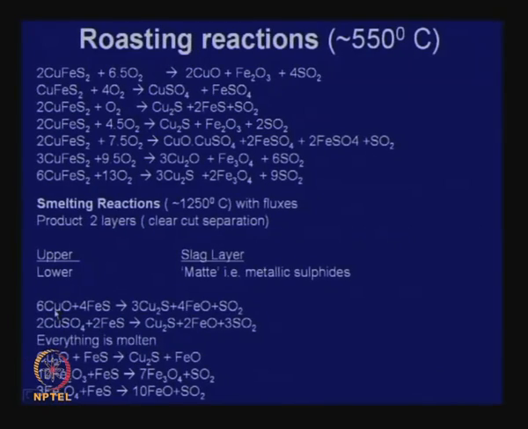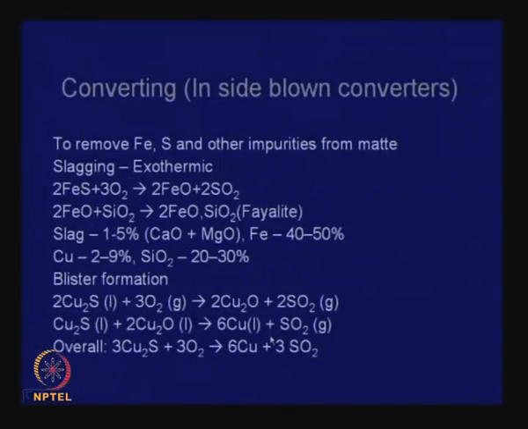Then during smelting, in a smelter we will continue with oxidation. Many reactions can take place. If any CuO is there, it will convert itself to Cu2S, forms FeO, it will be slagged off. If sulphate is there, it will form Cu2S, it will be slagged off. Everything is molten and many reactions take place. And then finally, by smelting we will have iron sulphide and copper sulphide.